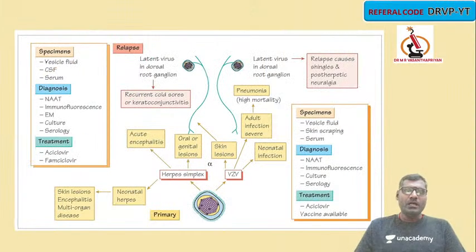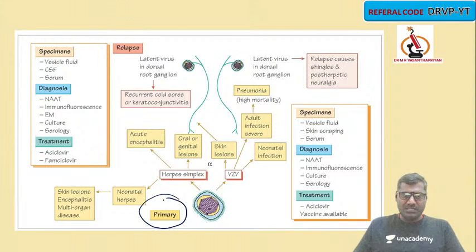Okay, now if we combine both HSV1 and HSV2, the lesions will be oral or genital. In varicella there will be a skin lesion. It is present as a primary and goes for reactivation. This reactivation is always considered more severe compared to the primary.